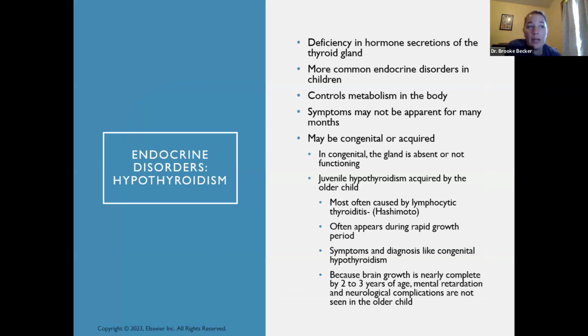Low thyroid is essentially hypothyroidism or Hashimoto's thyroiditis, which is actually an autoimmune form of low thyroid. Some kids can be hypothyroid from birth, and it can also become acquired later in life.